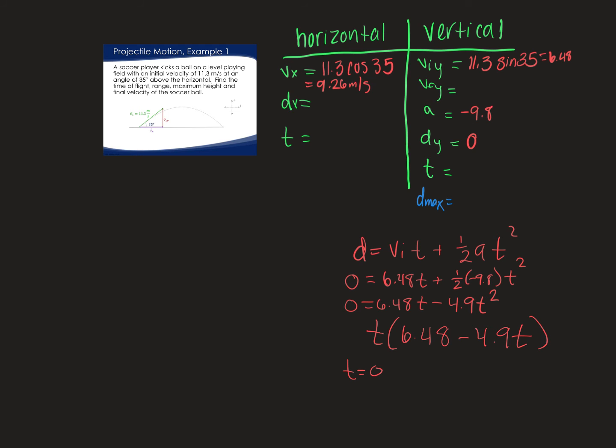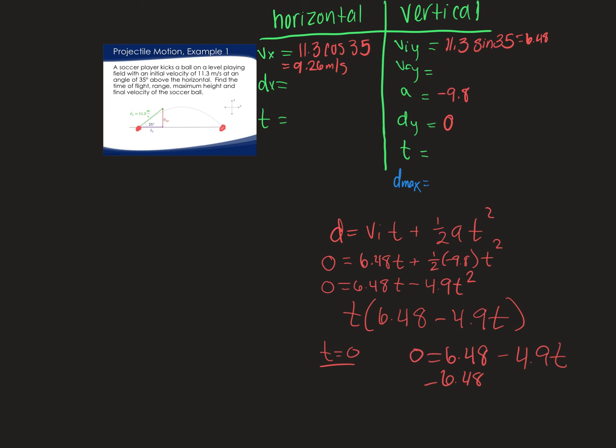So we know that we're getting two answers, right? Because we're talking about the 2 times when it's on the ground. So it starts on the ground, right, at T equals 0. And the other T we're going to find is when we will be at our full time of flight. So we have 0 equals 6.48 minus 4.9 T. Then we'll divide by negative 4.9.